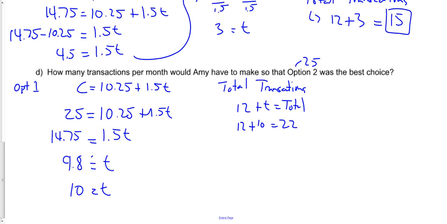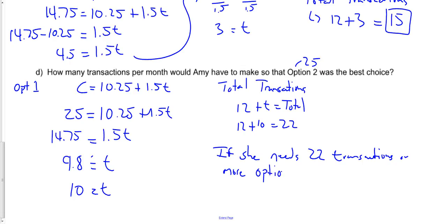So what we've determined is that if she needs 22 or more transactions per month, she should go with option 2. Then option 2 is cheaper.